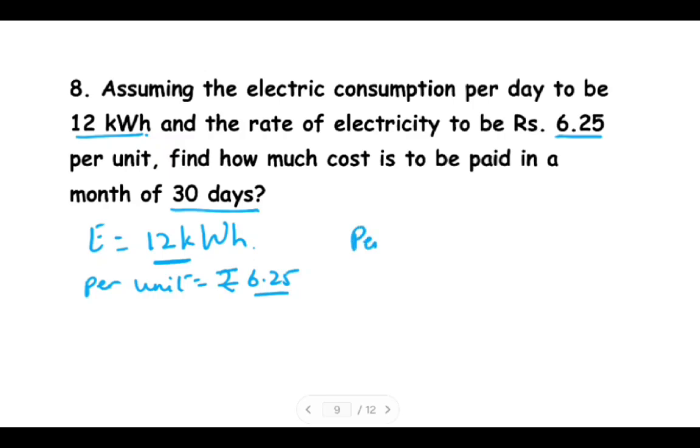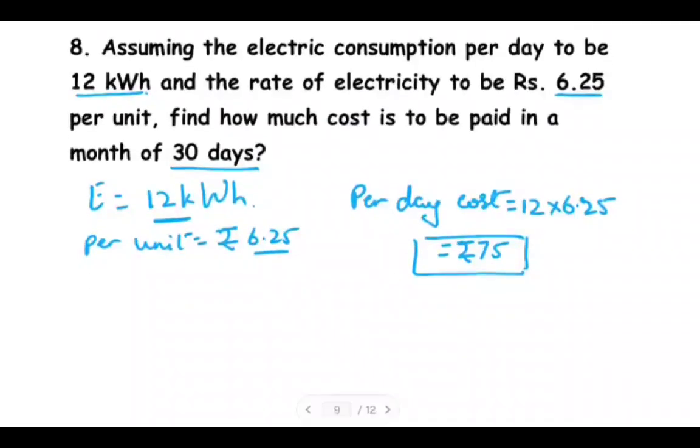So per day cost is equal to 12 into 6.25, which is nothing but 75 rupees.